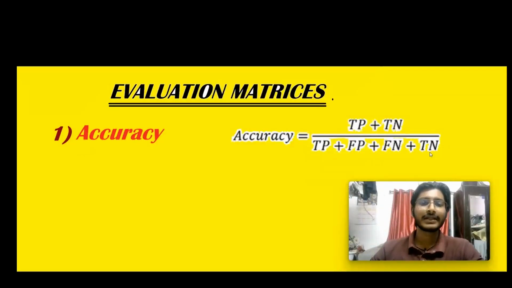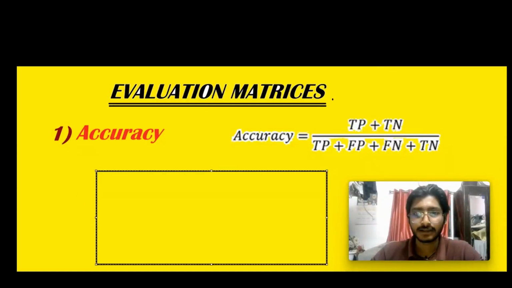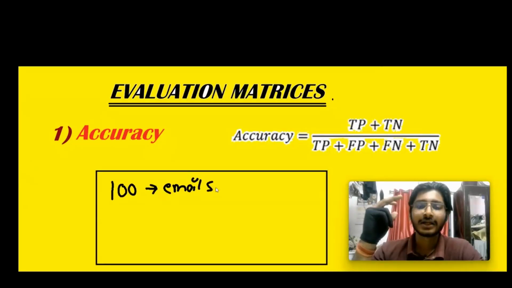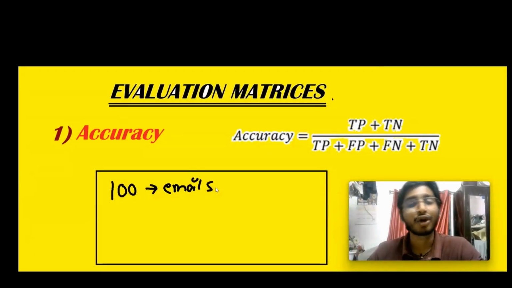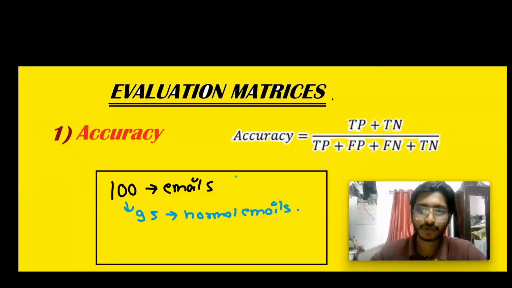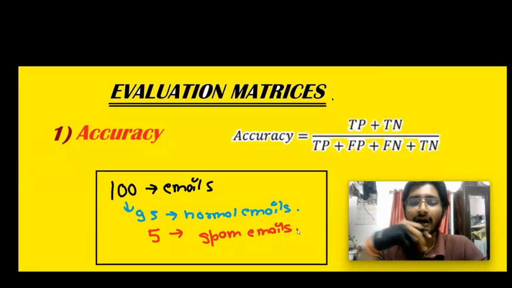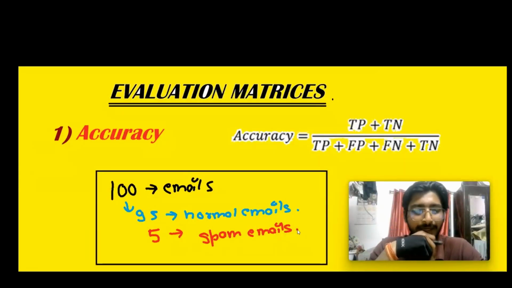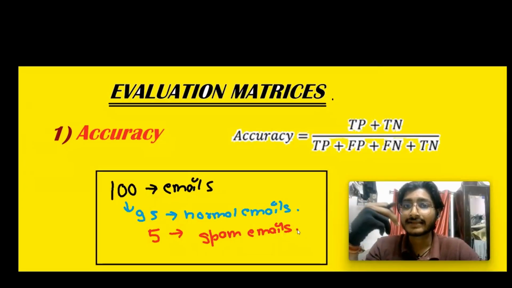Now let's check what problems arise from accuracy. Let's suppose we have 100 emails. Out of them, 95 are normal emails and the remaining 5 are spam emails. Now imagine our model predicts every email as not spam.